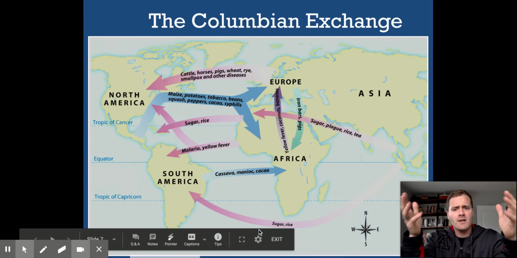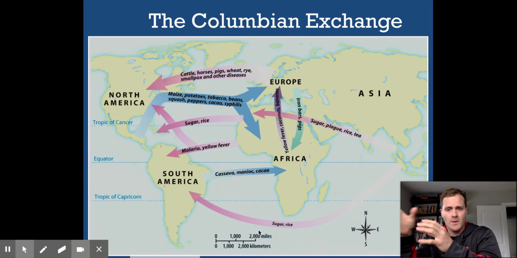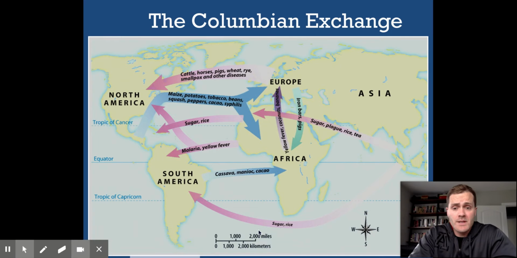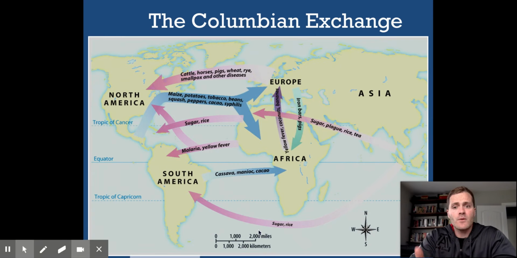Now, what this looks like exchange-wise, exchange is a two-way street. What this means to the New World comes a bunch of really important things. Cattle, horses, pigs, livestock that transforms the New World for Native Americans and colonizers. Plants like wheat, plants like rye, sugar and rice into the Caribbean and South America are all going to be things that are taken from the Old World, largely Asia and Southeastern Asia, and moved to the New World.